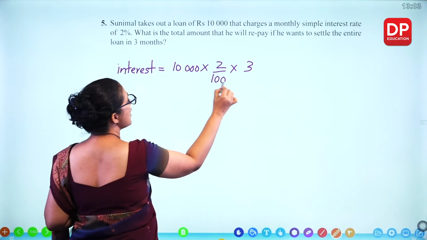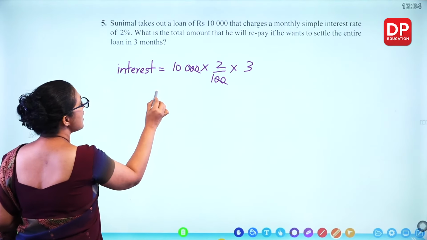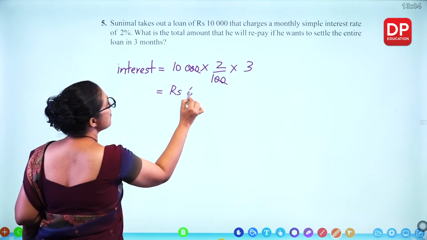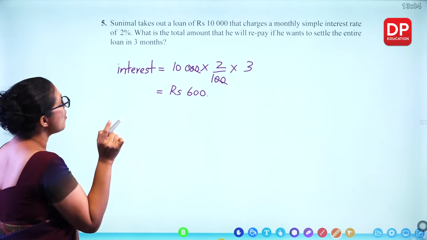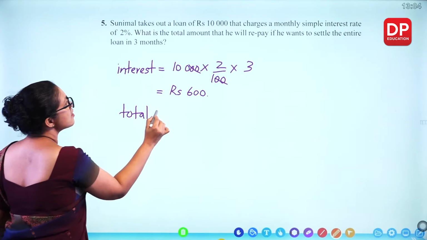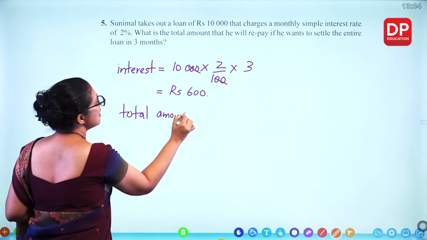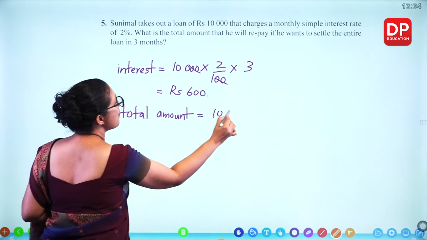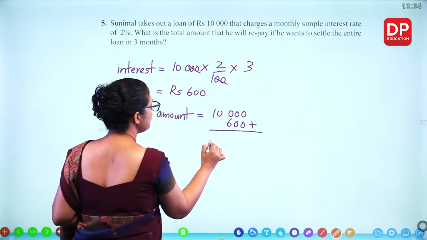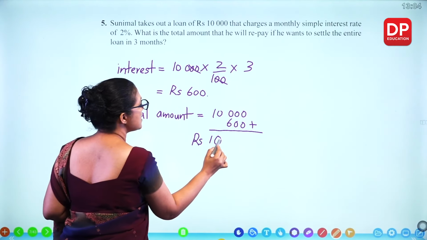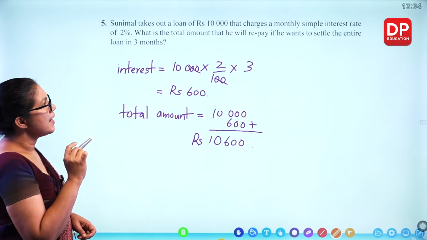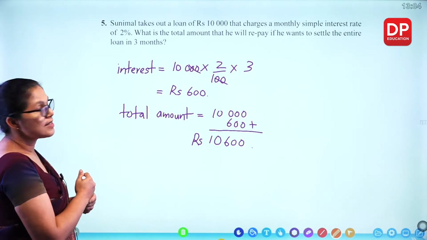So that's the interest value for 3 months. You get 100 times 6. So 600 rupees. But what's the total amount that he will repay? So you have to add the interest. Total amount is equal to the amount that he borrowed plus the interest. So he needs to pay 10,600 rupees to repay the entire loan.